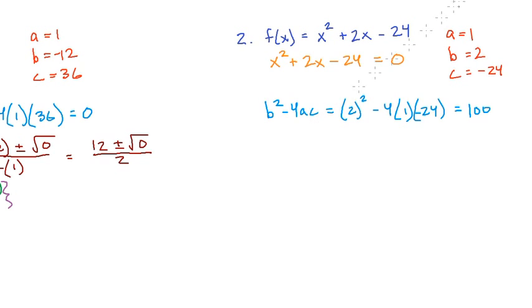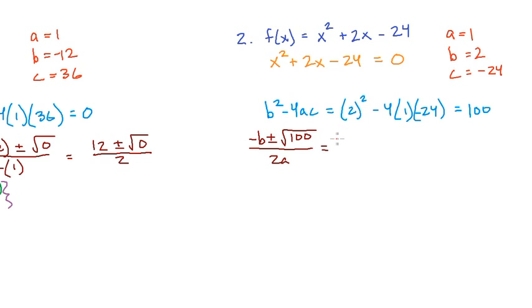Alright, that was step 1 of using the quadratic formula. Step 2 is going to be find our x-intercepts by using the actual formula, negative b plus or minus the square root of the discriminant, which we already have done, divided by 2 times a.